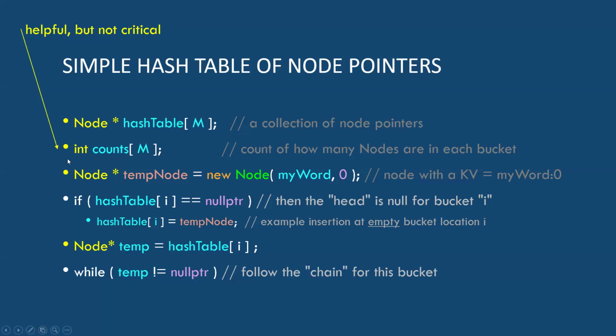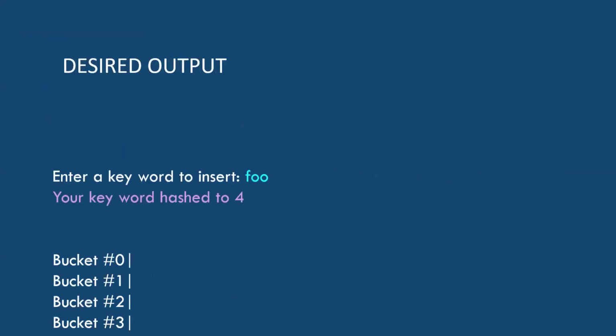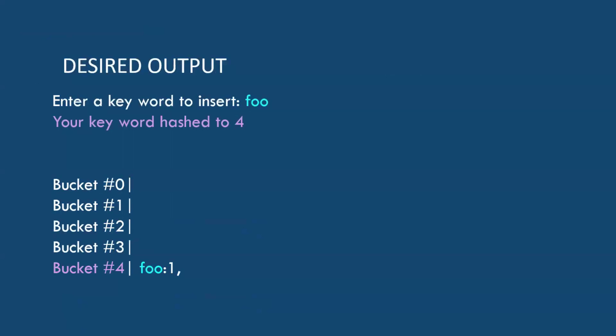So this count array is just helpful for us to keep track of how many things are in each bucket, but it's not really critical. We don't always keep count of that, okay? But it'll provide some interesting results. So what we'd like to see in homework 5 is something like this: bucket 0, a nice bar, and then a list of the key value pairs in there.